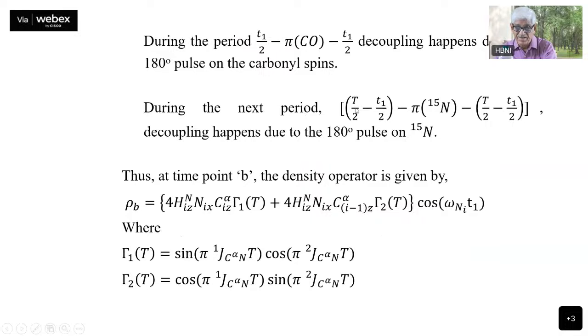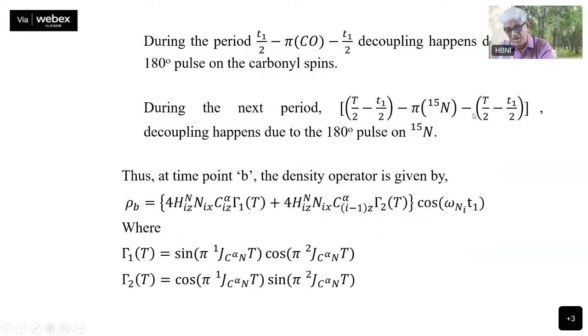During the next period, T by 2 minus T1 by 2, pi, this is a 180 degree pulse on the nitrogen. So this is again a spin echo sequence here. See, this period and this period are the same. In the middle, we are putting the 180 pulse, and therefore this spin echo removes the proton and nitrogen 15 coupling.